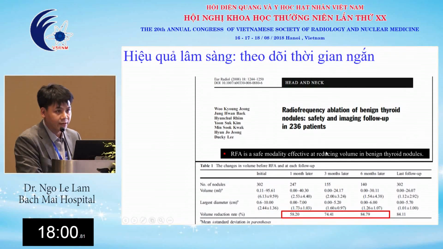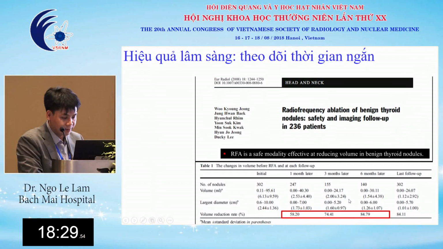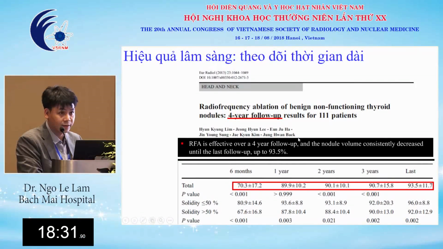So for clinical follow-up, there is a lot of clinical research. For the short term, we need to know that on average there is about 50% reduction of the volume, and then after 3 months 74% reduction, and at 6 months we have almost 85% reduction of the thyroid nodule.